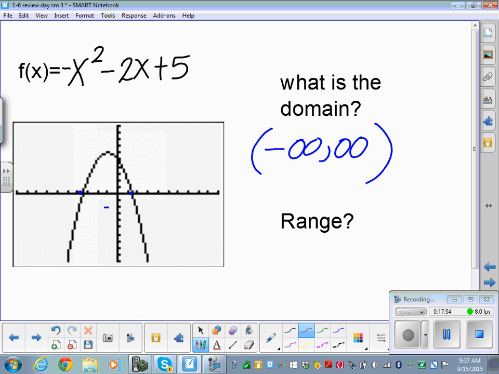Now we care about how far up and down this function goes. So if you look with your pencil, it starts at what value on the y-axis? Well, that value right there, right? We've got to count 1, 2, 3, 4, 5. It looks like it starts at 6. We've got to make sure though. And then it's growing to where? Negative infinity.